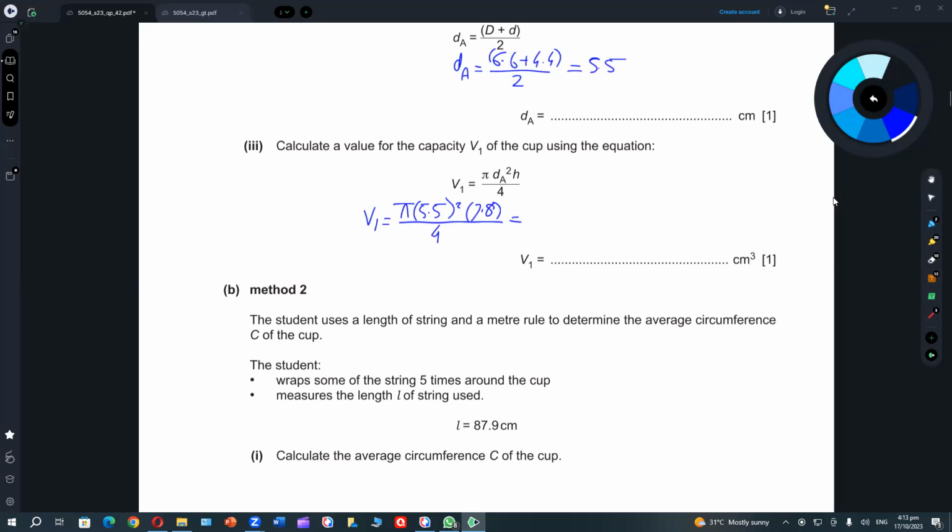Now in the paper, this type of question where you have to measure is expected also.